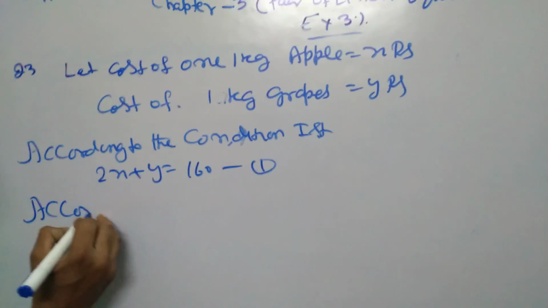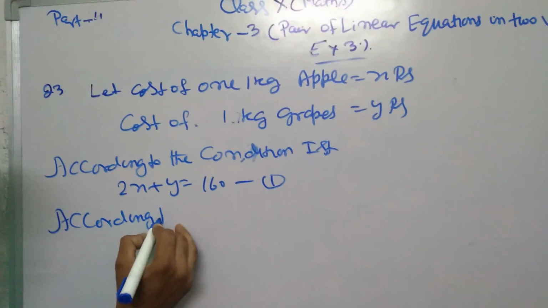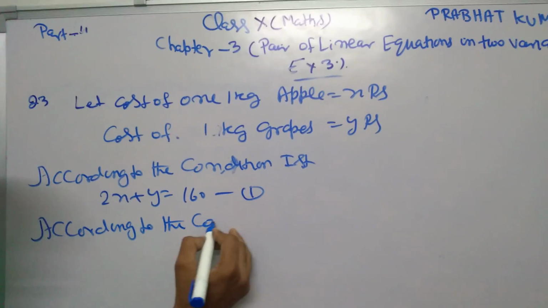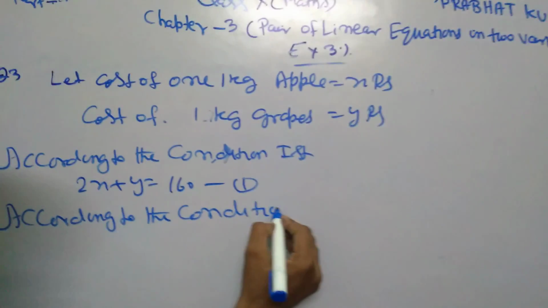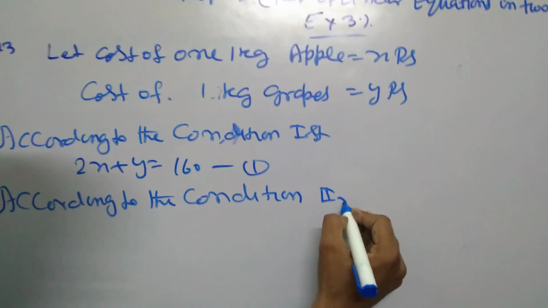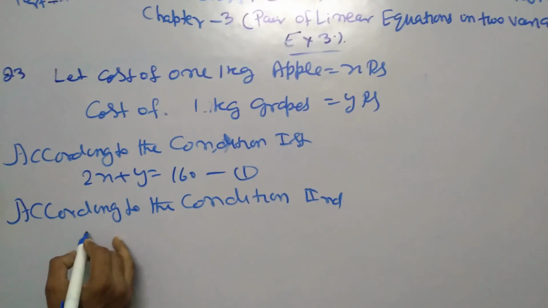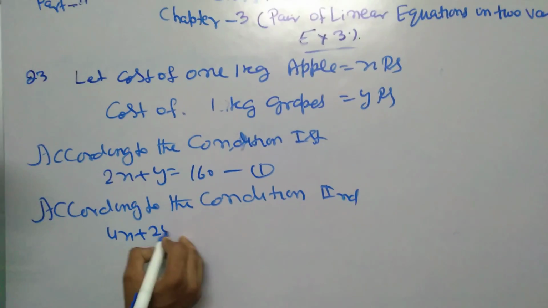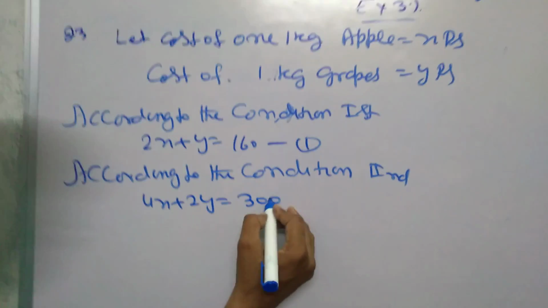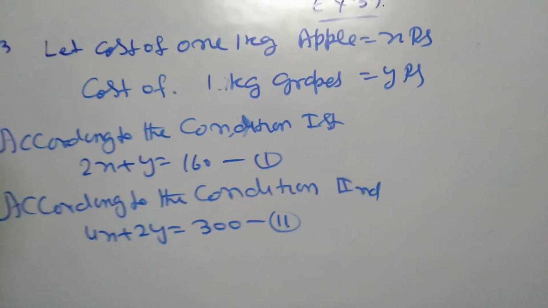According to the condition second, 4x plus 2y is equal to 300. Second equation.